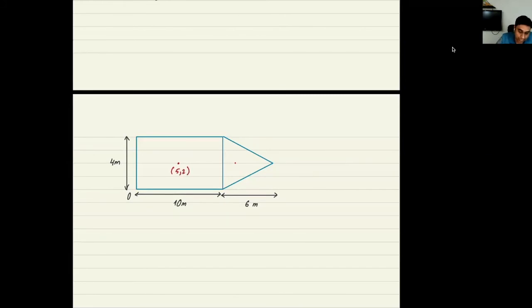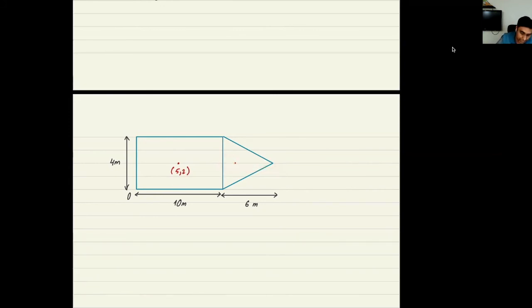As I said, triangles come up a lot. So I use the piece of information that this length is going to be 1/3 of this length. This is 6, and 1/3 of 6 is going to be 2.